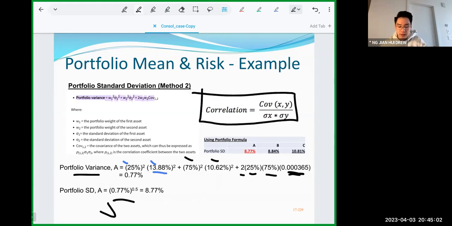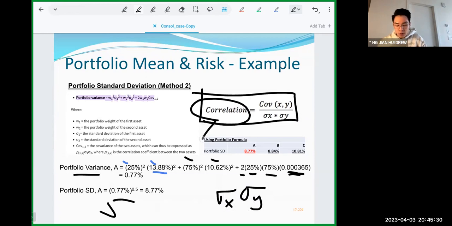You see this small little formula here. This small little formula says that the correlation equals the covariance of the two objects x and y, divided by the standard deviation of x times the standard deviation of y. This is a formula that you need to know to find the correlation.